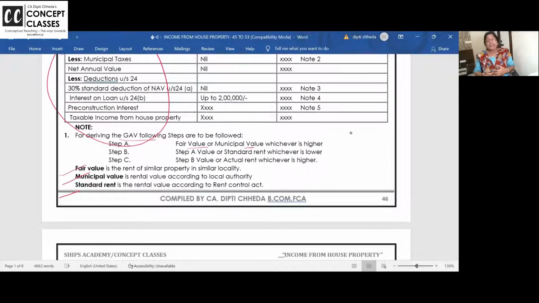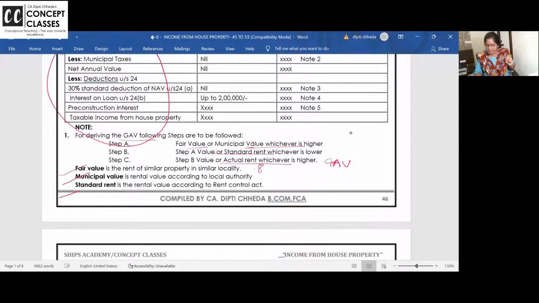So how to derive GAV? There's a format. It's like waves of the ocean: high, low, high. Fair rent or municipal value, whichever is high. That or standard rent, whichever is low. That or actual rent, whichever is high. Whichever is the step 3 answer, that will be your GAV.